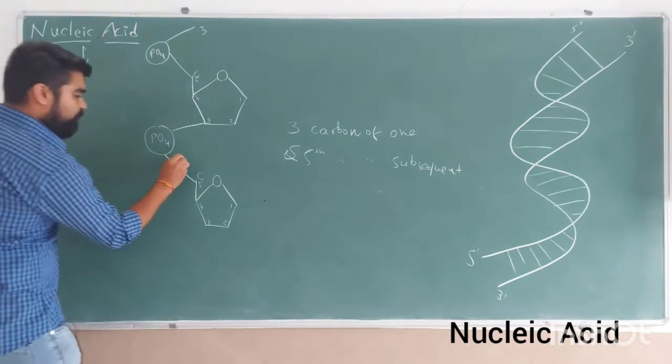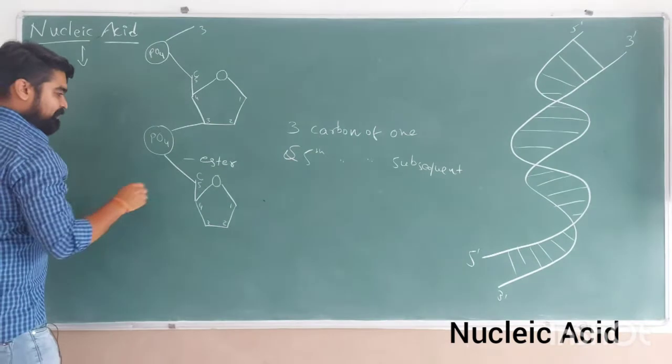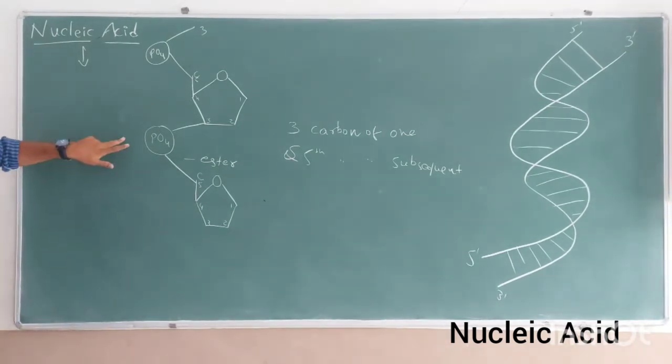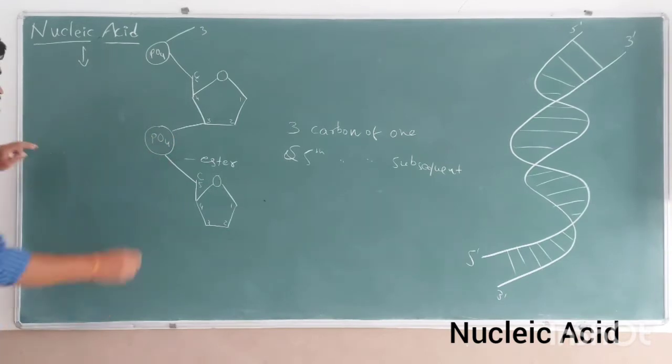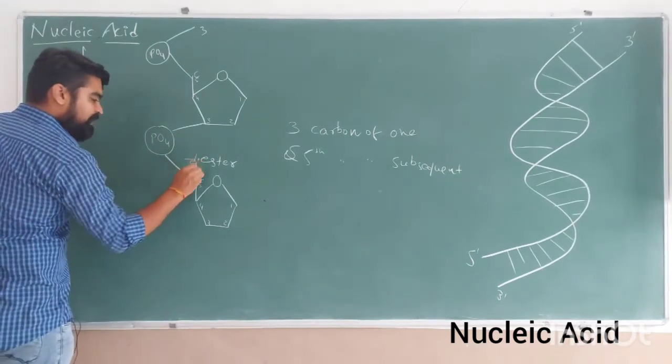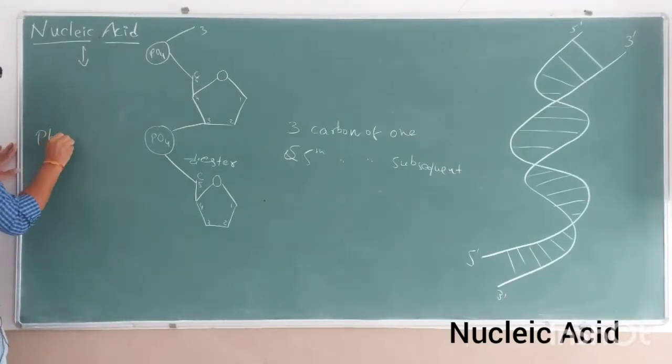So this particular bond is an ester bond, and as in every case the phosphate binds with two different sugars with ester bonds, that's why it is called diester, and as phosphate is involved, this whole bond is called the phosphodiester bond.